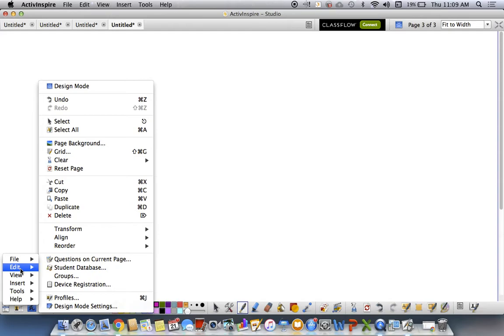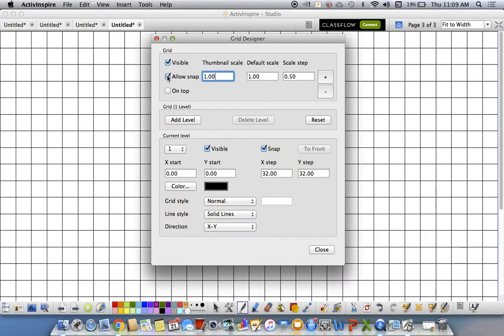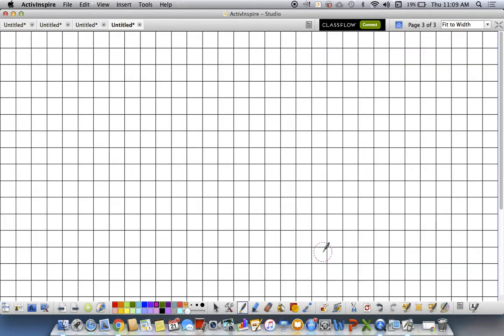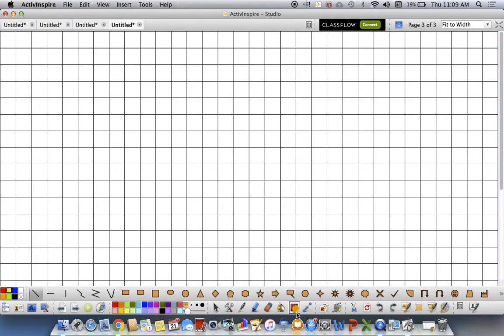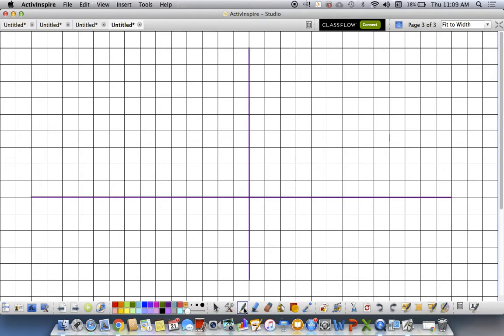Alright, so what happens if I give you a coordinate plane and I give you coordinates? Go ahead and we're going to draw triangle ABC.